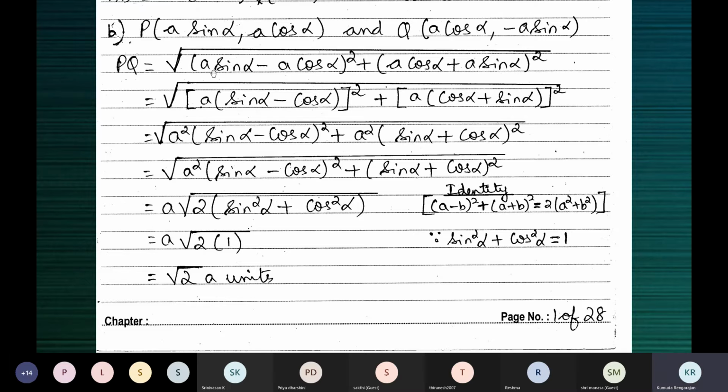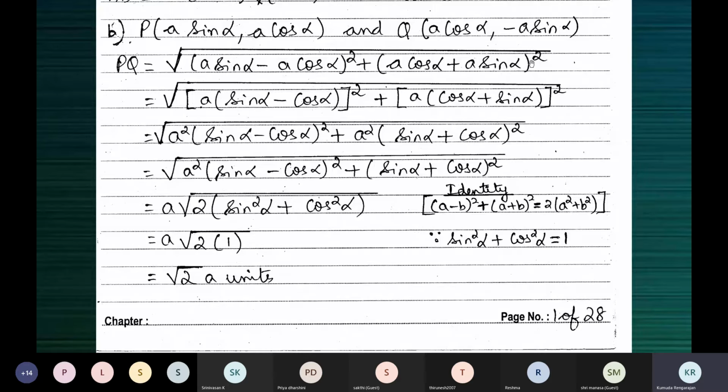Now take out a common. You should do that only. You open a square bracket, leave some place like this, close the square bracket, raise it to the power 2. Now in this space, take out a common, open a bracket, sin alpha minus cos alpha, close the bracket.